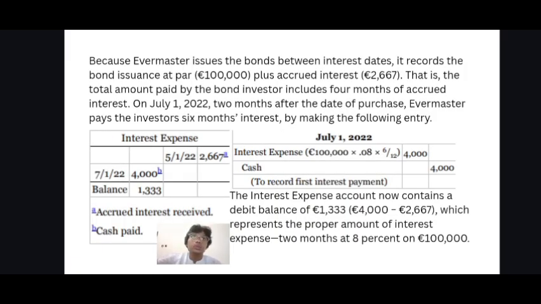Because Evermaster issues the bond between interest dates, it records the bond issuance at par 100,000 plus accrued interest 2,667. That is the total amount paid by the bond investor, which includes 4 months of accrued interest. On July 1st, 2022, 2 months after the date of purchase, Evermaster paid the investor 6-month interest by making the following entry: the interest expense 5.